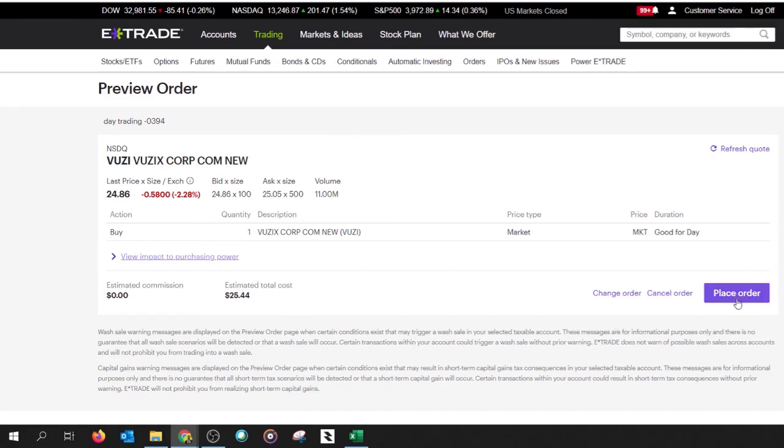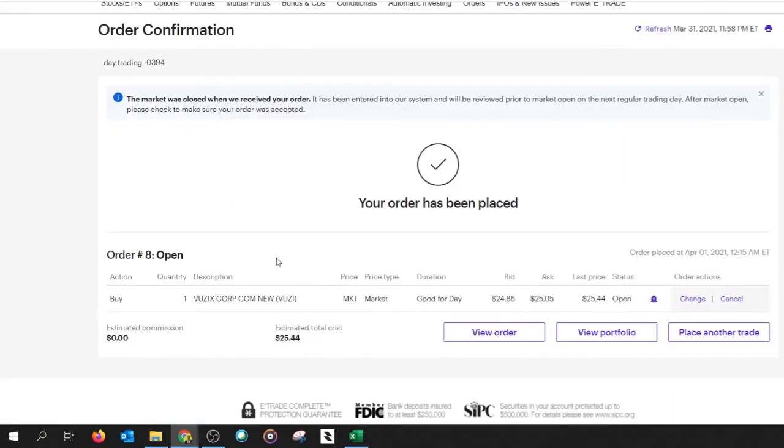So go ahead and place order, and that would be confirming. So this is what it would look like. This order has been placed, and this is in queue. Even though the market's closed, I have put in an order for a buy at open market.